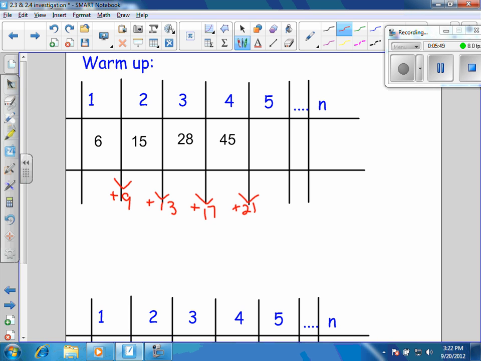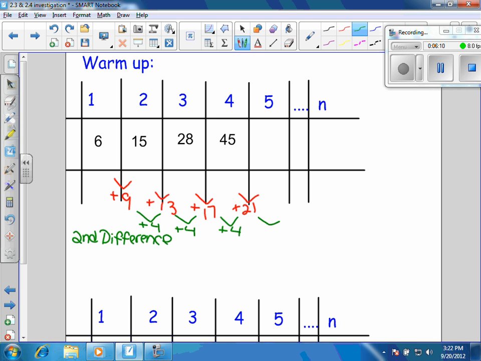So for those of you guys that don't see that, the red is the first difference. If we look at the second difference, you get 4, 4, 4.